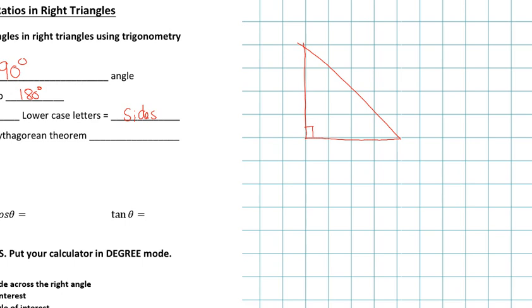So let's say this is 3 and this is 4, and I want to know the measure of this side. Because this is a right angle triangle, Pythagoras came up with the formula that if you add the squares of these bases, it's going to equal the square of the hypotenuse.